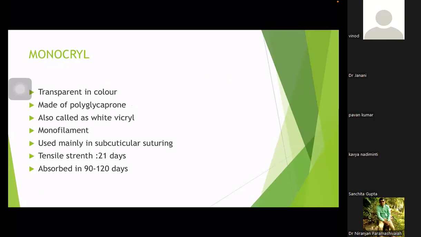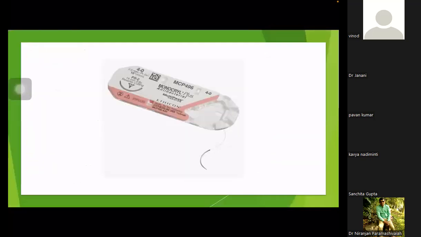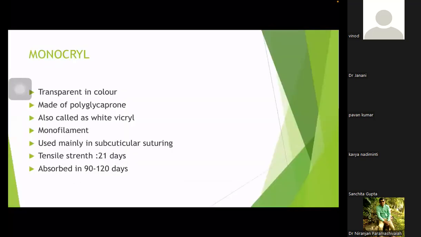Monocryl, which is a polymer of poliglecaprone, which is transparent in color. It is also called white VICRYL, and it is a monofilament used mainly in subcuticular suturing. Its tensile strength lasts around 21 to 28 days, and it is absorbed in 90 to 120 days. Same thing here also. Monocryl is again a brand name.